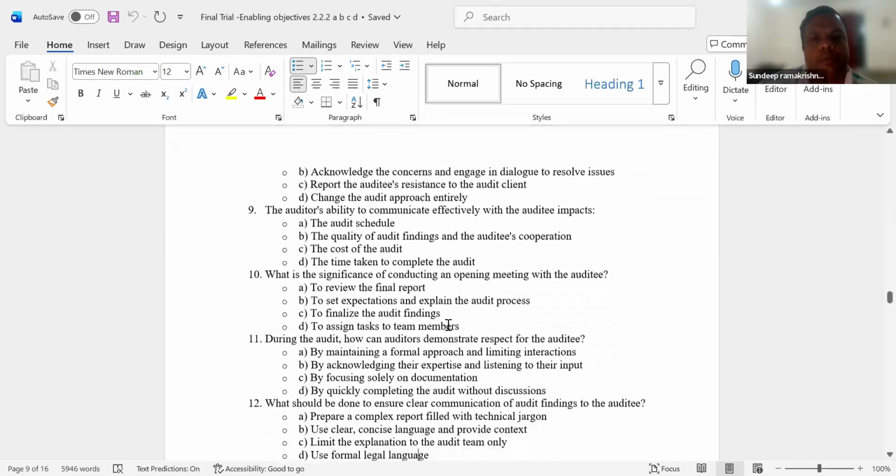Ninth one. The auditor's ability to communicate effectively with the auditee impacts: A. The audit schedule. B. The quality of audit findings and the auditee's cooperation. C. The cost of the audit. D. The time taken to complete the audit.